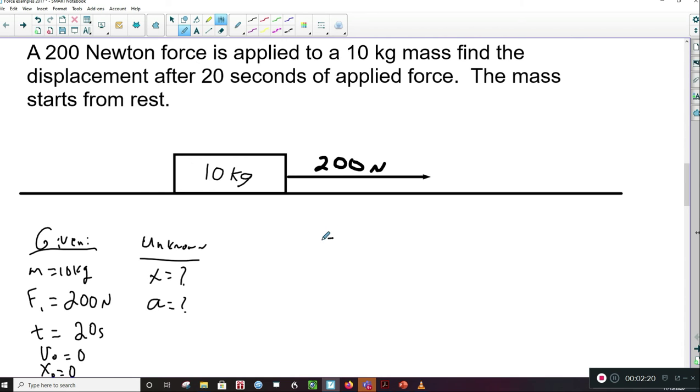So we're going to start off using sigma F, the sum of the forces, is equal to ma. The force is 200 newtons, is equal to 10 kilograms times A. So A is going to equal 200 newtons divided by 10 kilograms.